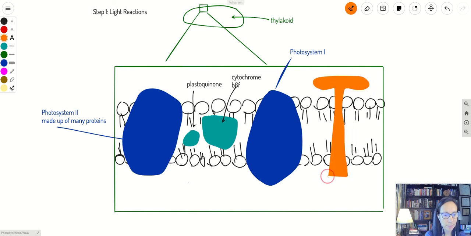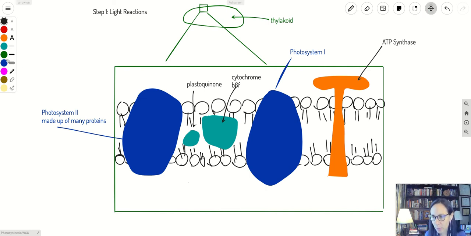This one is called ATP synthase. Okay, and it's a very important one. Okay, so now we can get into our story.